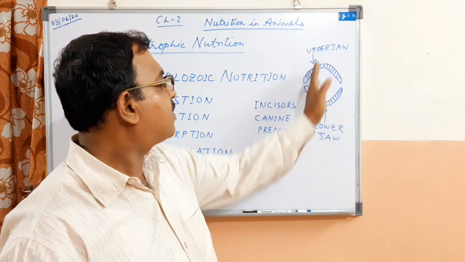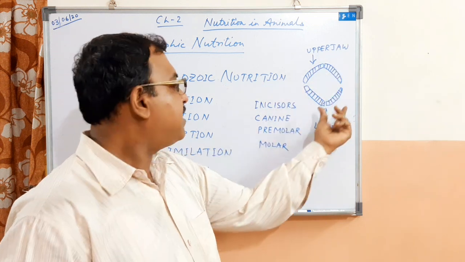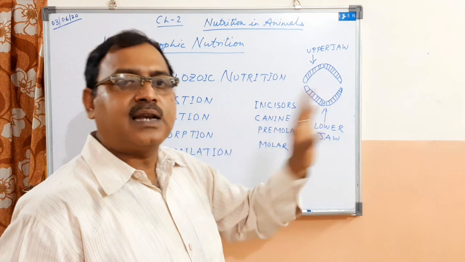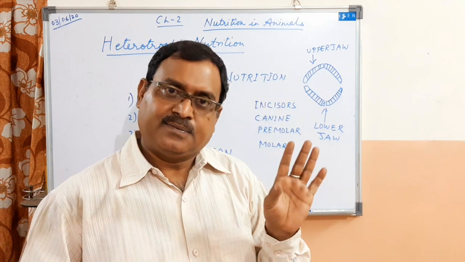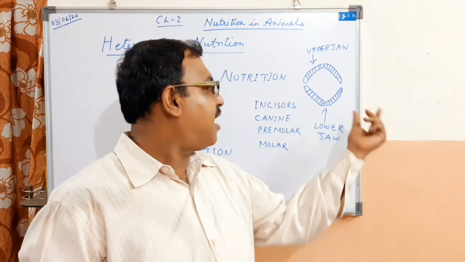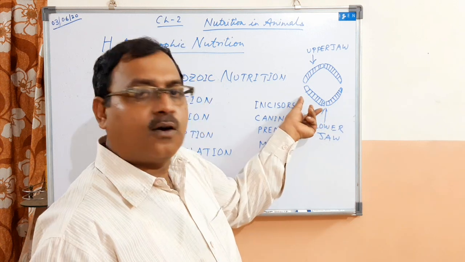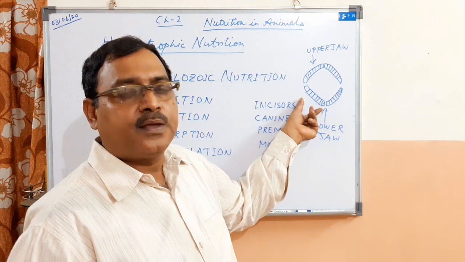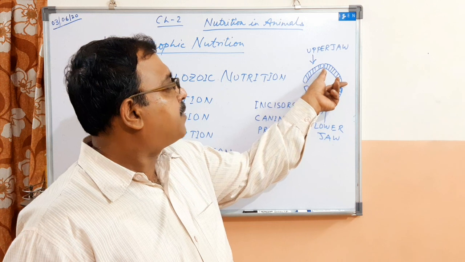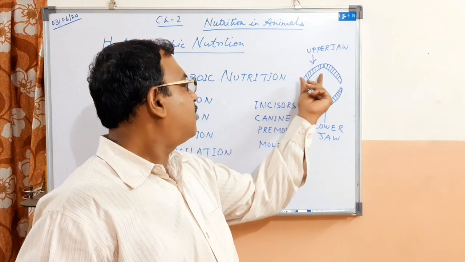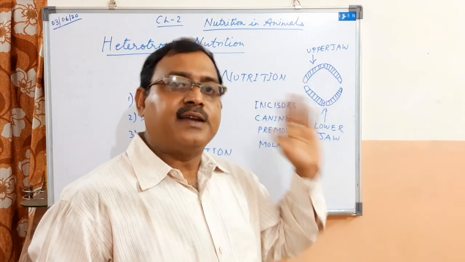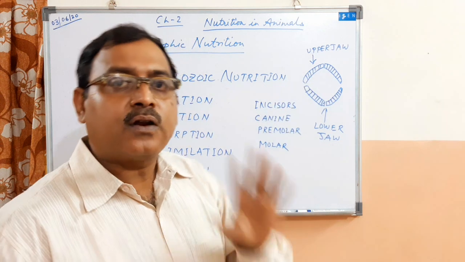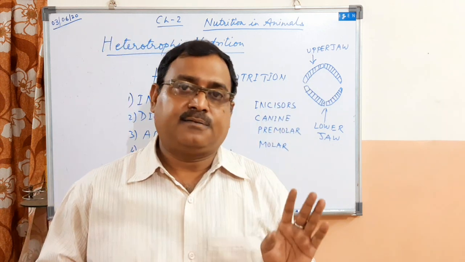Lower jaw into two halves, upper jaw into two halves. And each half has total 8 teeth. Same 8 teeth on the other half of lower jaw. Again, on one half of the upper jaw, 8 teeth. Again, on the other half of the upper jaw, 8 teeth. Means total 8 into 4, 32 teeth are there.